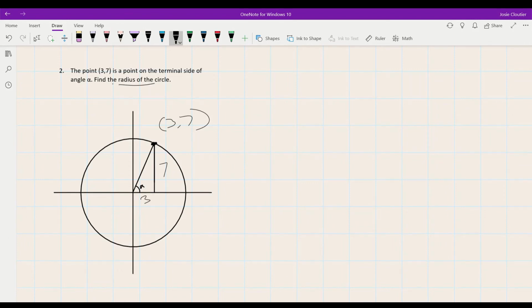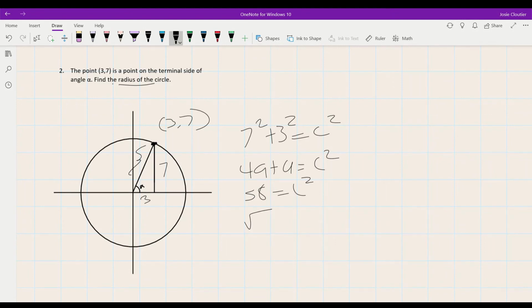So the radius is any point on the circle that is connected to the center point. And we see that right here, our hypotenuse of our triangle happens to also be the radius. So all we need to do is find the radius of the circle using Pythagorean Theorem. 7 squared plus 3 squared equals c squared. 49 plus 9, we get 58 equals c squared.